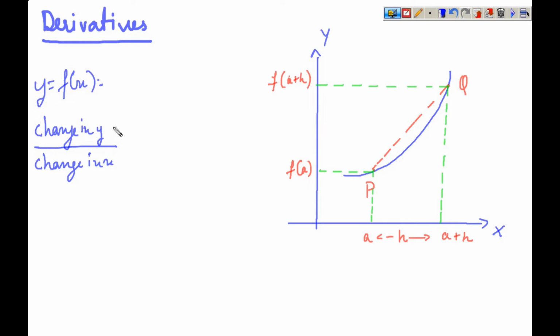Mathematically, let me just write the formula. It is given as limit h approaches 0, f of a plus h minus f of a, divided by h.